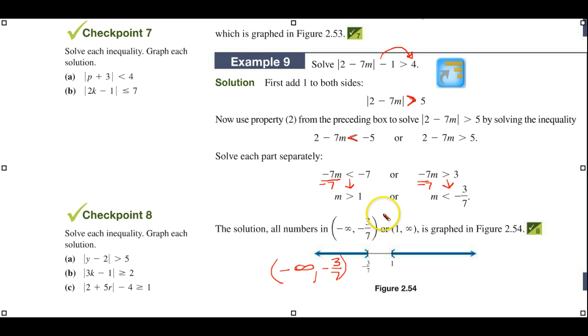And again, they're using the word or, and we sometimes see the union symbol between these and then the other, starting at just beyond 1. 1 is not included because of the parenthesis, and then going to positive infinity. Now infinity always has a parenthesis, but number values, if they're included, have a bracket. If they're not included, have a parenthesis.